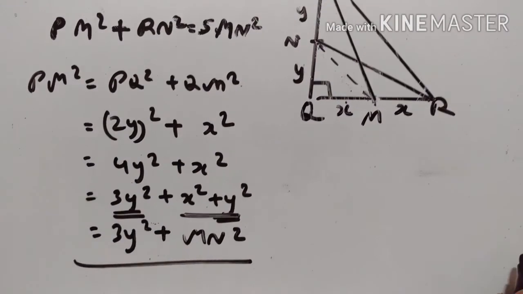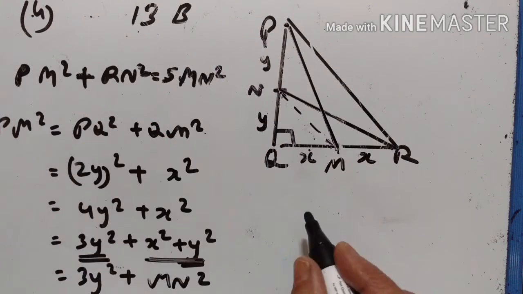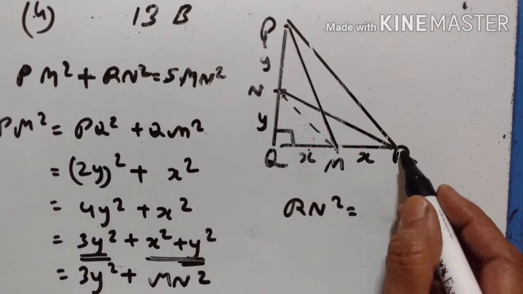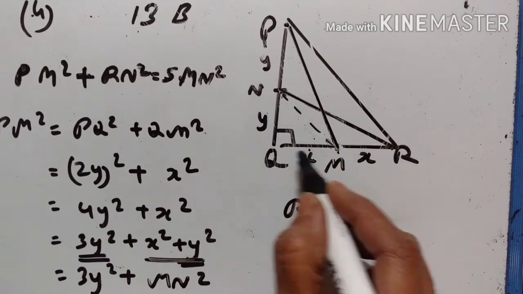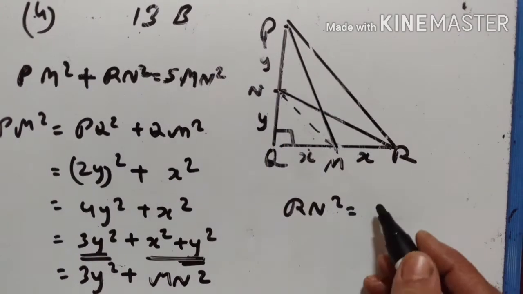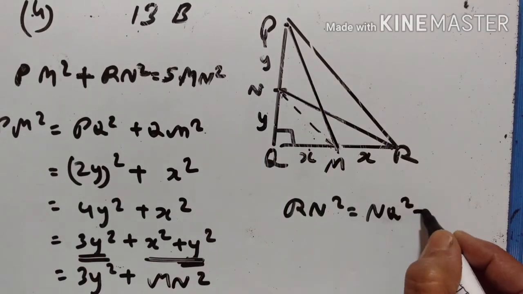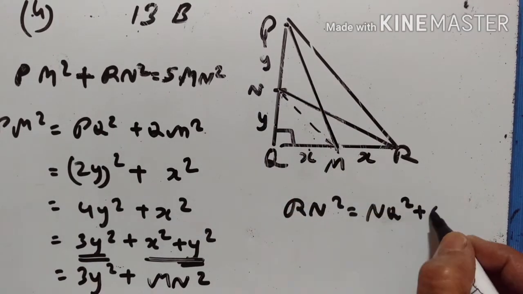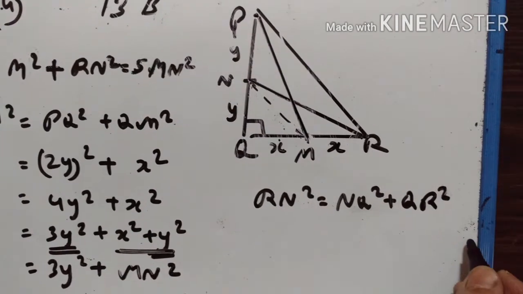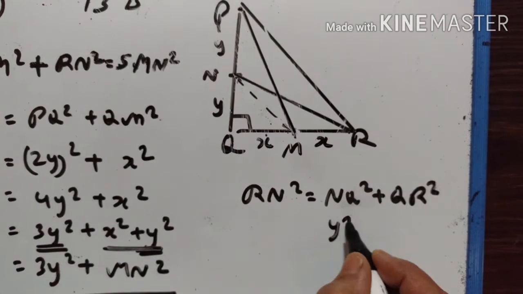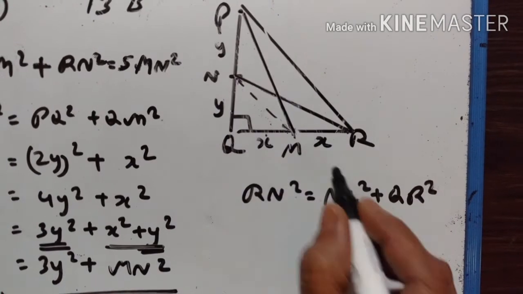Now let us find what is RN square. In triangle NQR, RN is the hypotenuse. So RN squared is equal to NQ square plus QR square. NQ is equal to y, QR is equal to 2x.